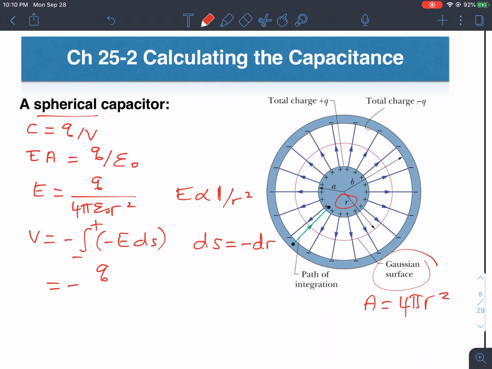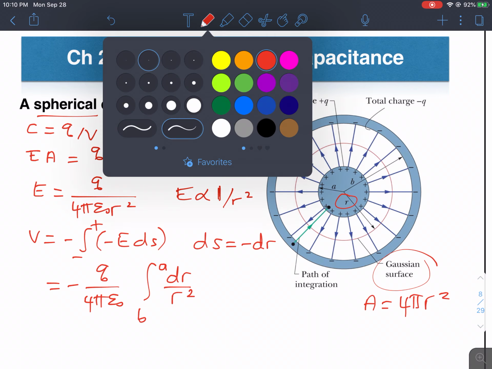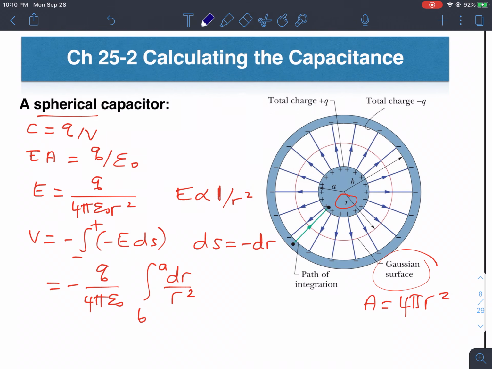Let's put the constants out. 4 pi epsilon naught and Q are constant, and the integral goes from b to a. The only thing left inside is dr over r squared, since that was the only r dependence, and we need to integrate this now.